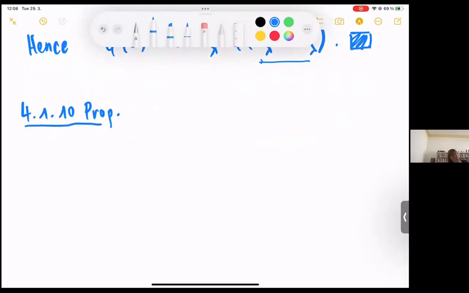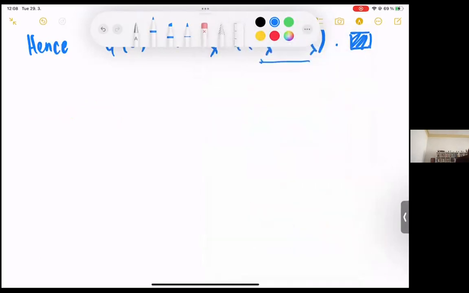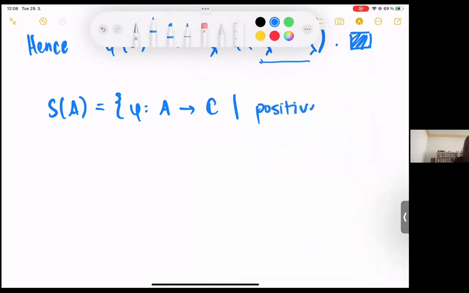Okay, so recall that a special type of linear functional was a state. These were positive linear functionals with norm 1.